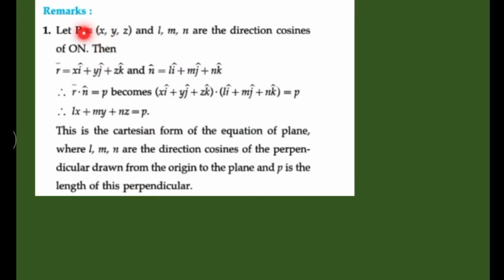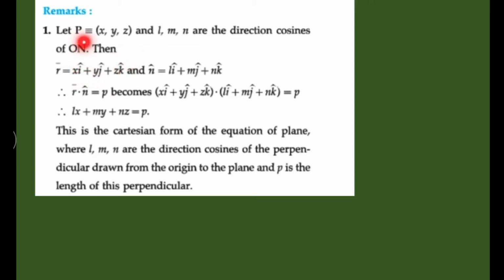In last part, we proved all the theorems for finding the vector equation of plane. So we discuss some points for vector equation of plane in normal form. So first point is, let P of xyz and L, M, N are the direction cosines of ON, that is direction cosines of normal.